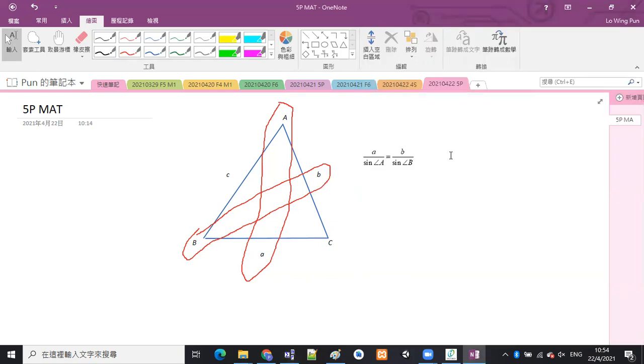Just upside down for both sides. Sometimes we start with this format, sometimes with the other. It depends on what we want to find.